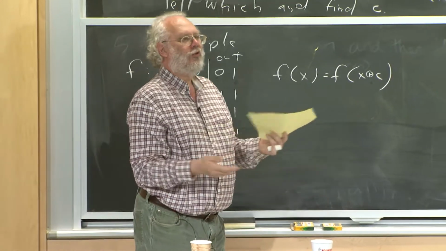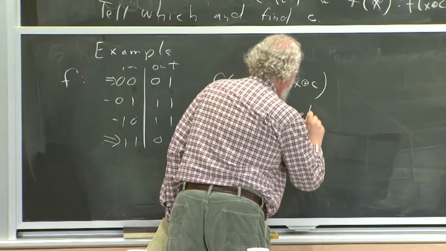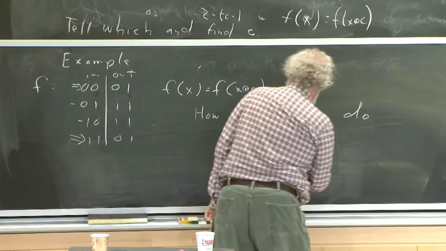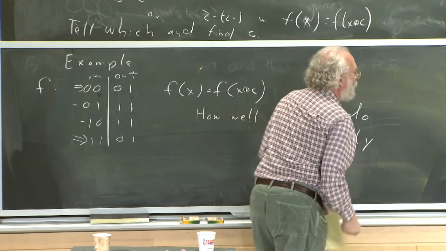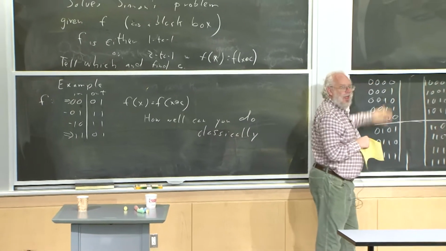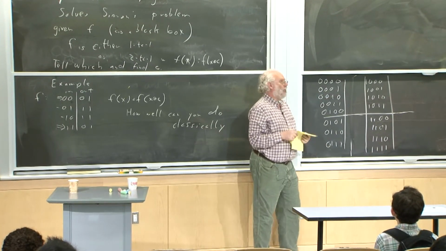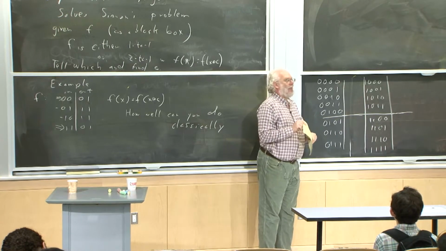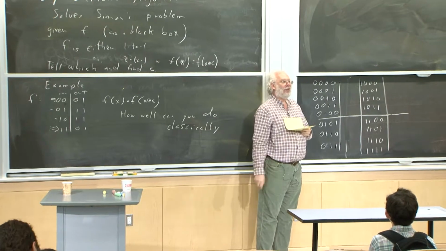So how well can you do classically? Well, I thought we would have a game with the class, where you query inputs and I tell you what the values of f are. First, does it make any difference at all which input is the first one you query?